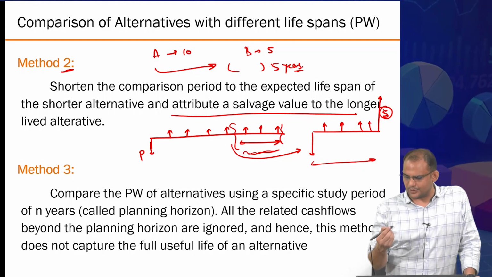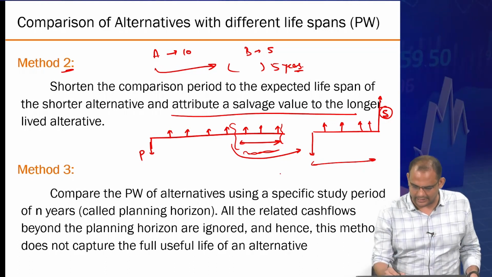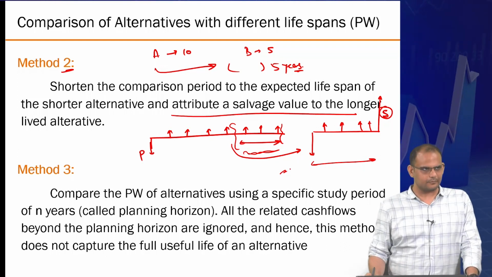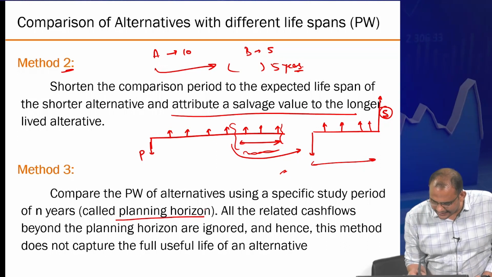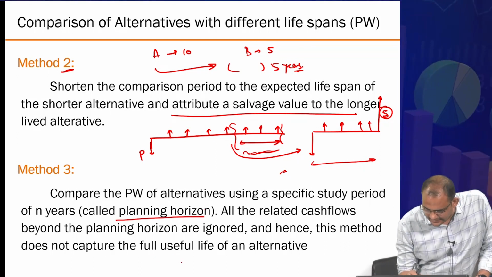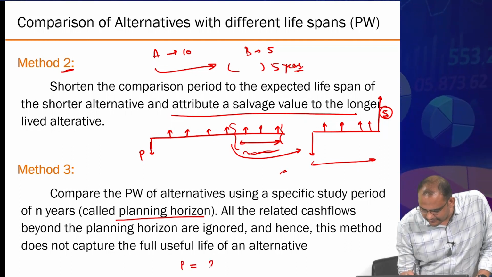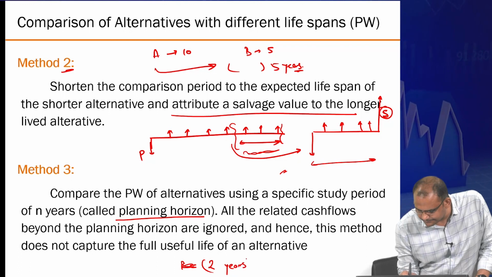So this method is usually not preferred, but at the same time it exists in case your analysis demands you to do it. Another possibility is something called a planning horizon. Let's say as a company, your demand is only for the next 2 years.